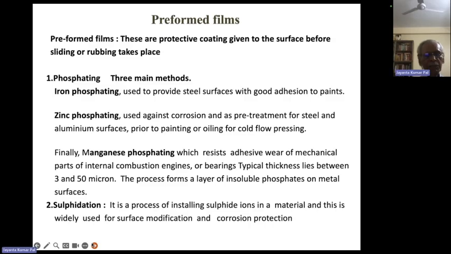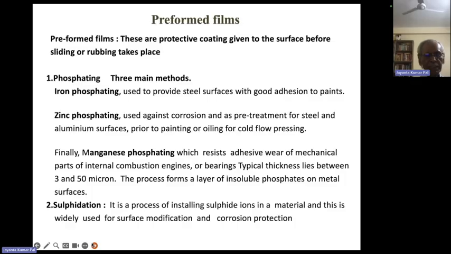Now, coming to phosphating first, there are three main methods. Iron phosphating is used to provide steel surfaces with good adhesion to painting. That means, again, it is a pre-treatment given to the steel surface for painting or oiling or any other operation that is needed.